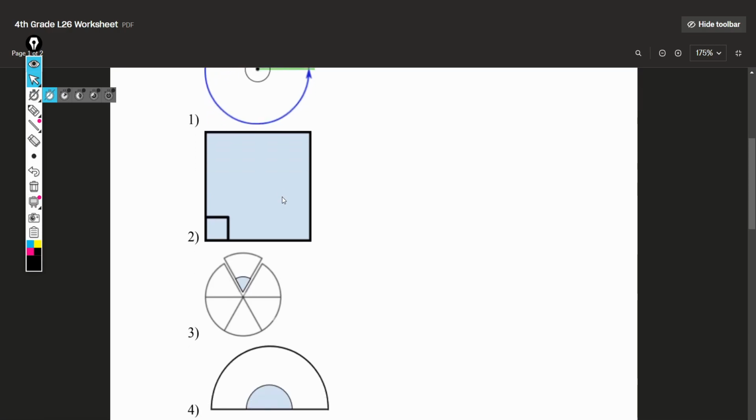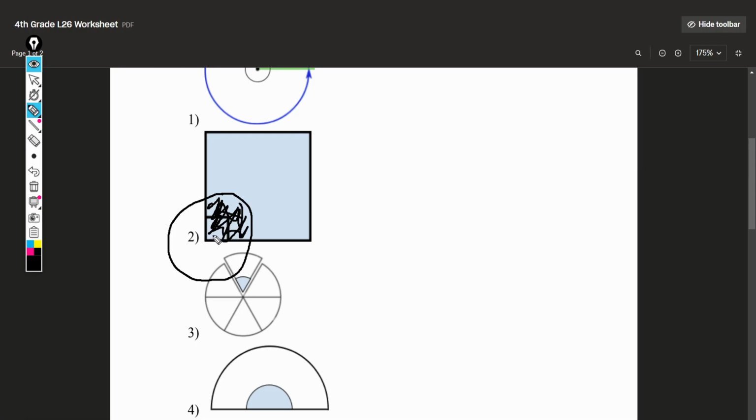So let's move on. For the second question, we have a square and this right angle. Maybe you've learned that a right angle is 90 degrees, but maybe you haven't. One way we can figure this out is by drawing a little circle around the angle, and we'll notice that this right angle is making up about a quarter of the circle, or it should be exactly a quarter, but I didn't draw my circle correctly.